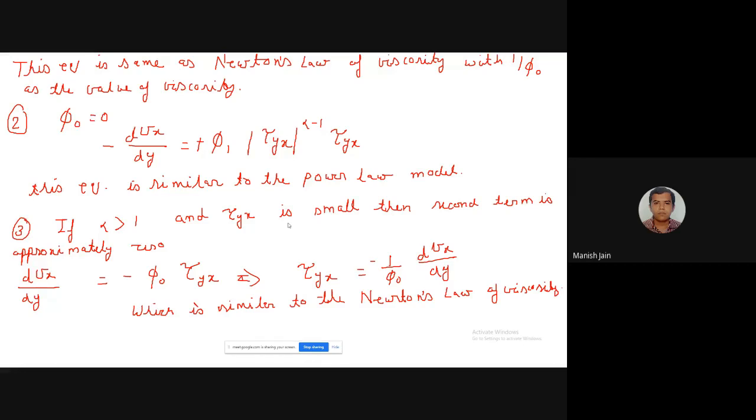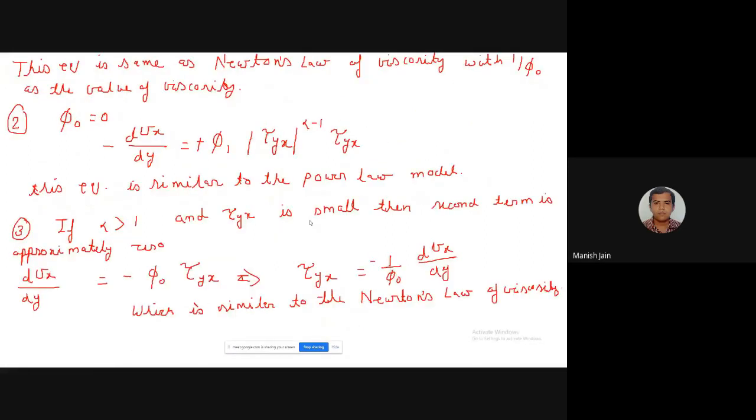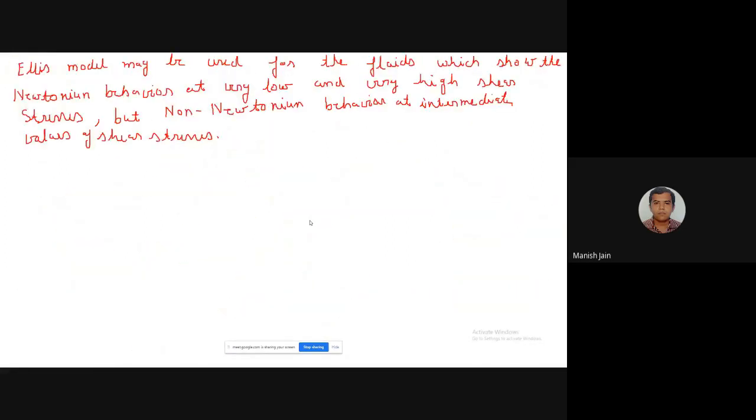Generally, if you want to represent the rheological model for a polymeric melt, which shows all 3 types of behavior, then you have to use the Ellis model. The Ellis model may be used for fluids which show the Newtonian behavior at very low and very high shear rates, but non-Newtonian behavior at intermediate values of the shear stress.